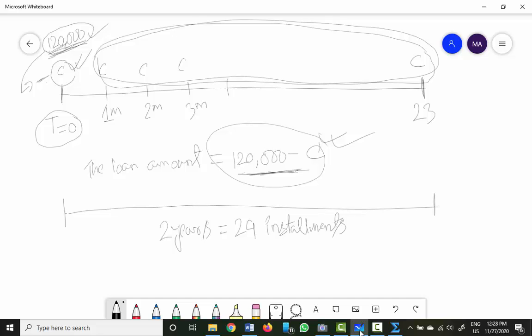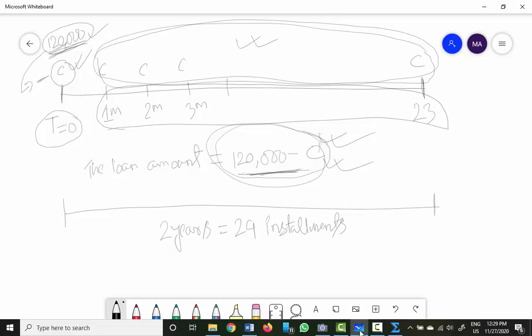You need to pay off this amount of loan in future, by these 23 installments of C, right?